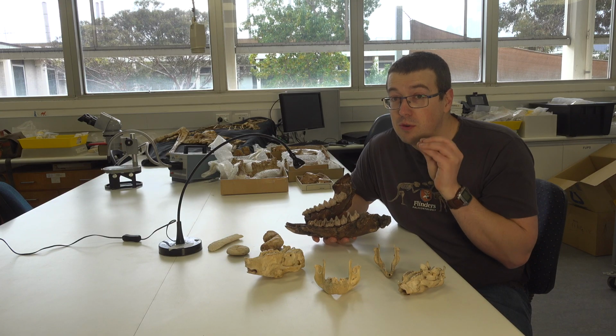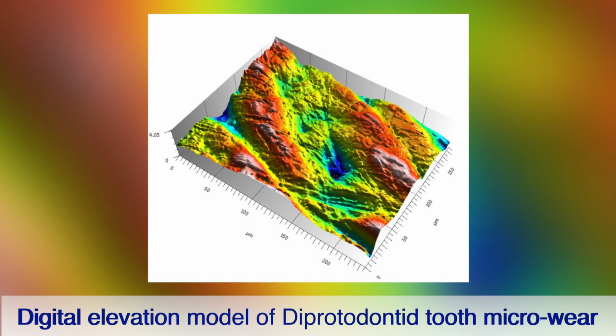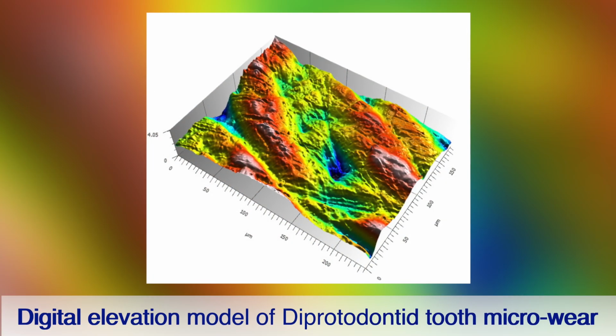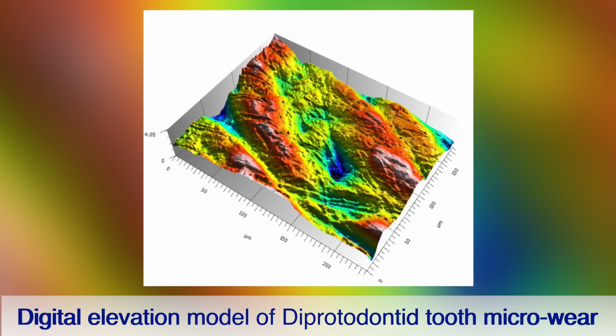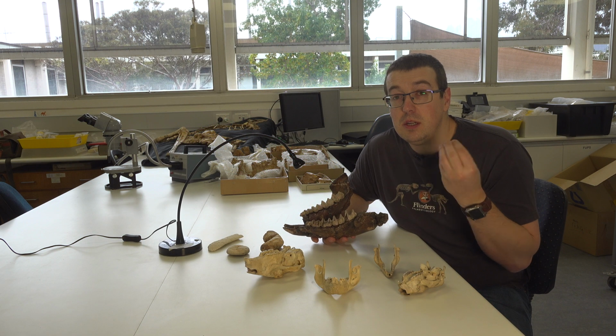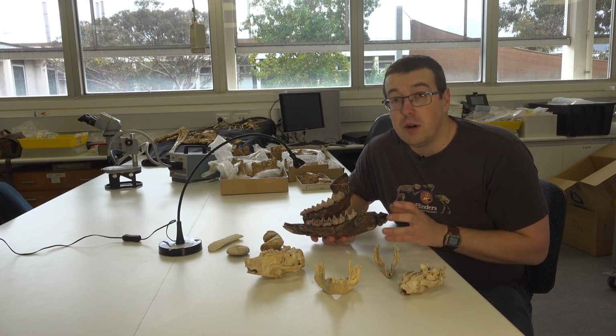And if we zoom right in, we can actually see that there are micro traces left on the surface of that enamel and that dentine, and this is called microwear. And different scientists look at microwear in order to be able to determine what an animal was eating in the couple of weeks before it died.